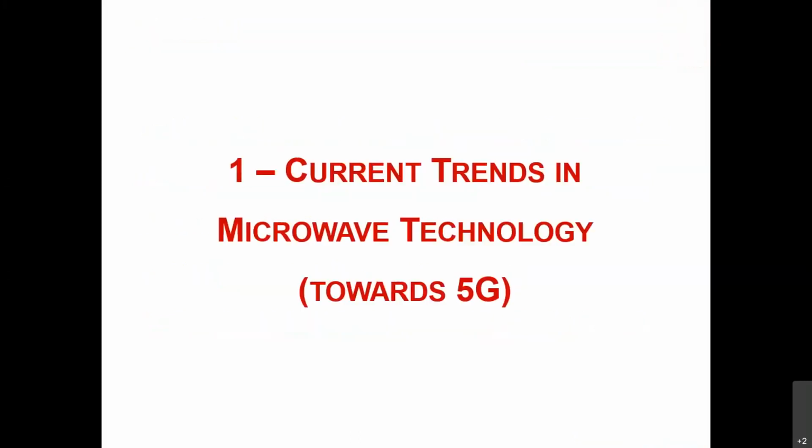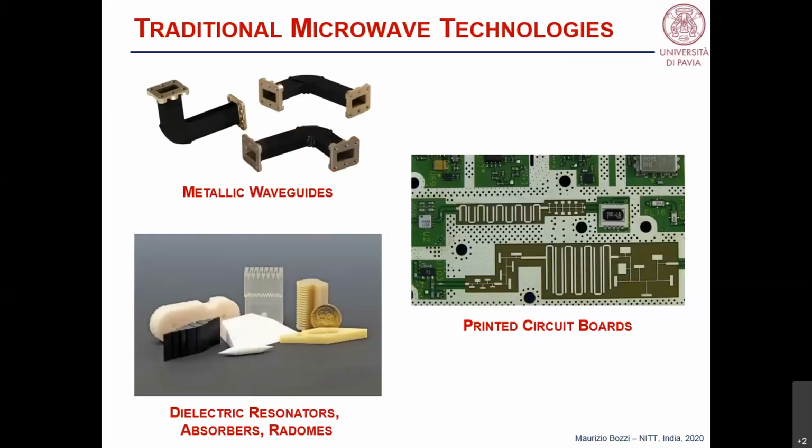So let's start with the current status and the current trends in microwave technology towards 5G and right now also 6G applications. So when you think about microwave technology, what comes to your mind can be the use of metallic waveguides.